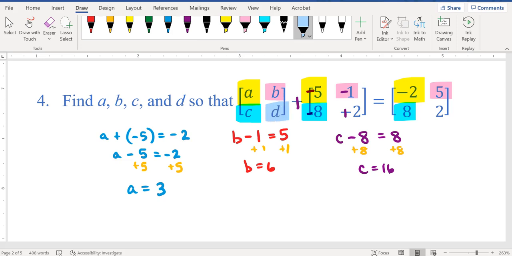Last one, D plus 2 equals 2. Subtracting 2 from both sides gives me D equals 0. So the answer to that problem: A equals 3, B equals 6, C equals 16, and D equals 0.